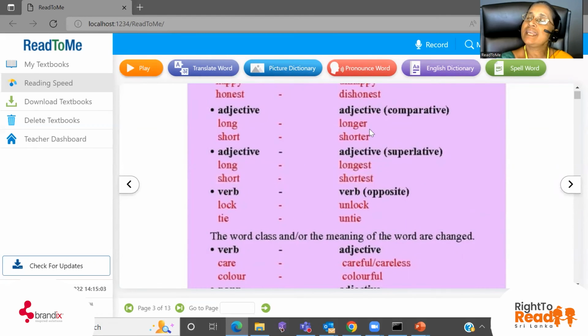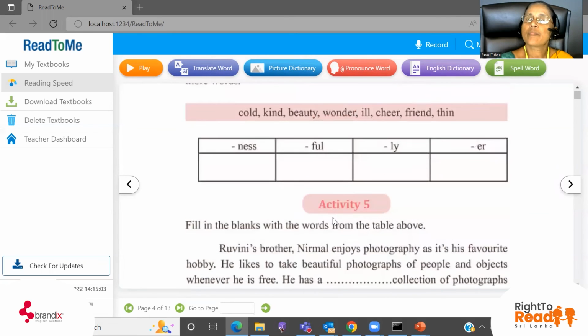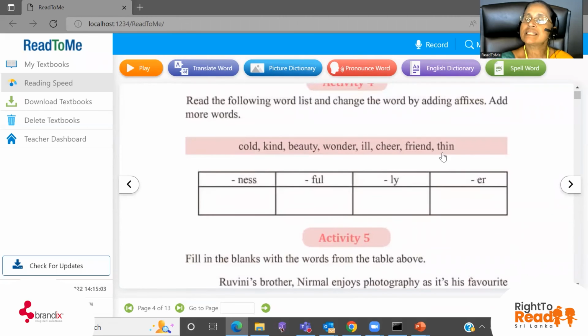We can add er and est to indicate comparative and superlative cases. Long, longer, short, shorter. Now you can add these to these words. Cold, kind. Okay. Can you do this?